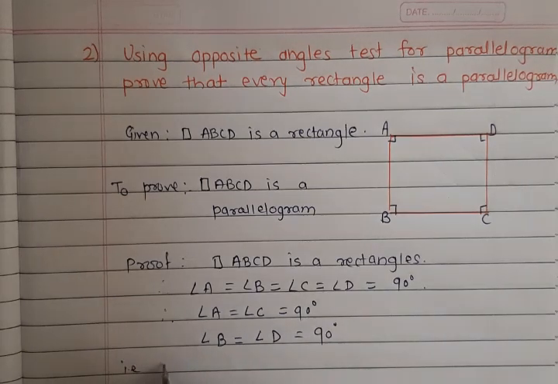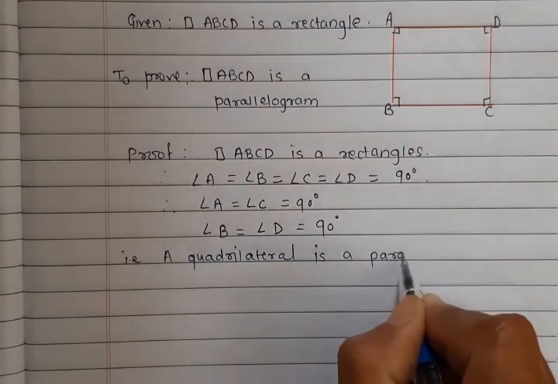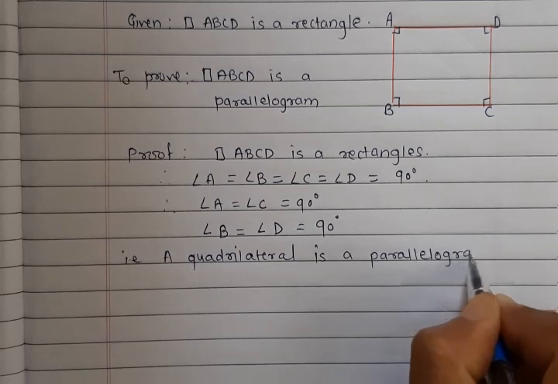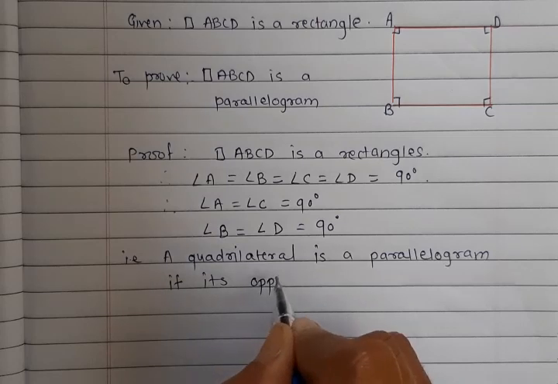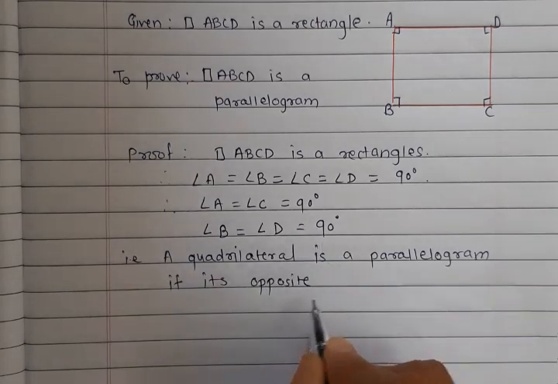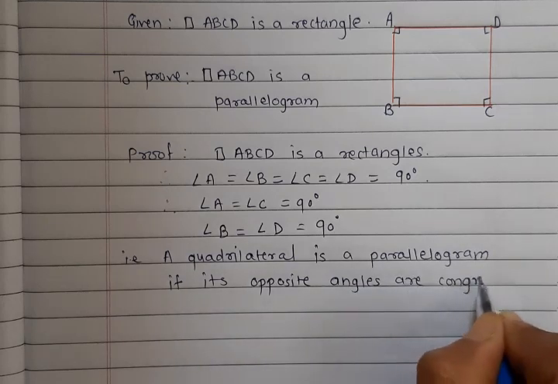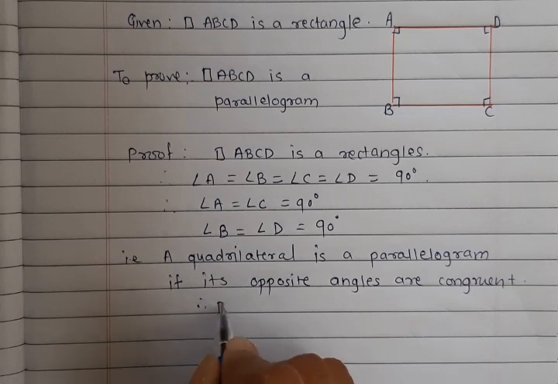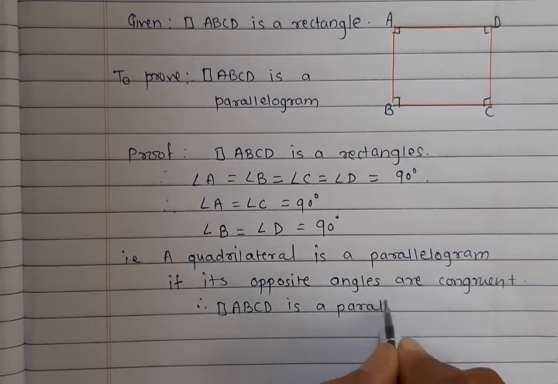That is, a quadrilateral is a parallelogram if its opposite angles are congruent. Therefore, quadrilateral ABCD is a parallelogram. Okay.